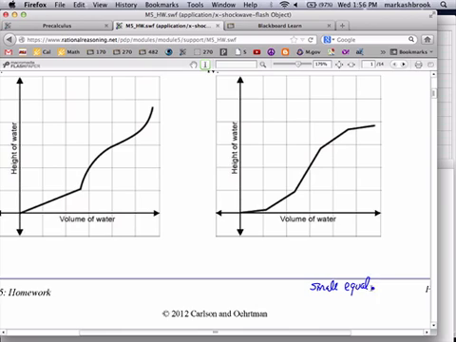And for each increment, we ask about the output. What does the output do? Does it go up? Does it go down? Does it stay the same? And that creates a change in the output, whether it goes up or down. So we look at that first change.